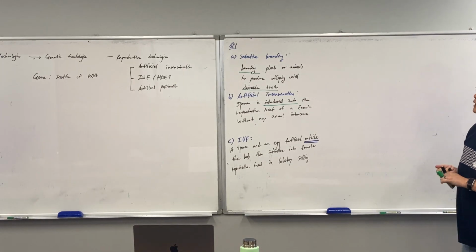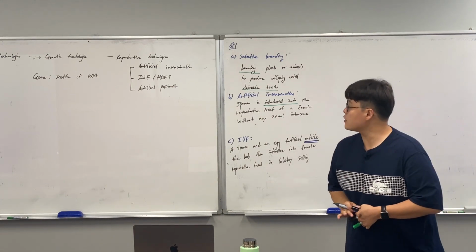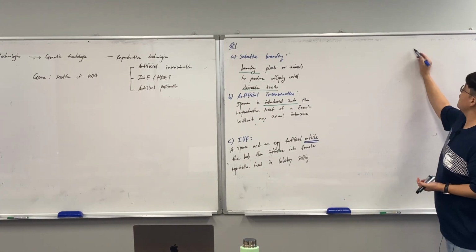What about D? We have artificial pollination. That's basically for plants only.